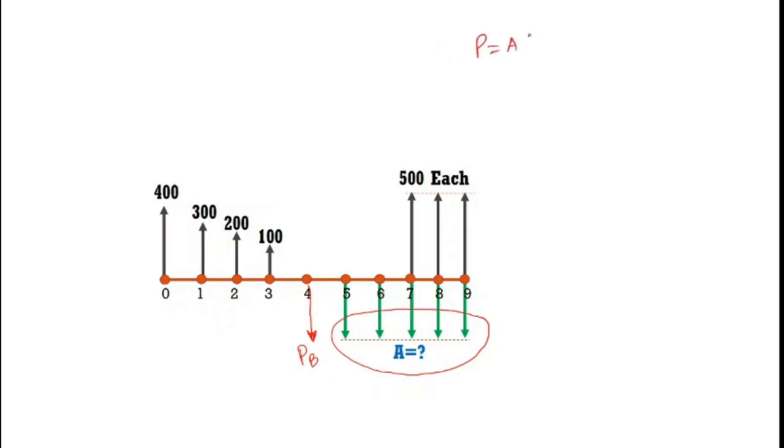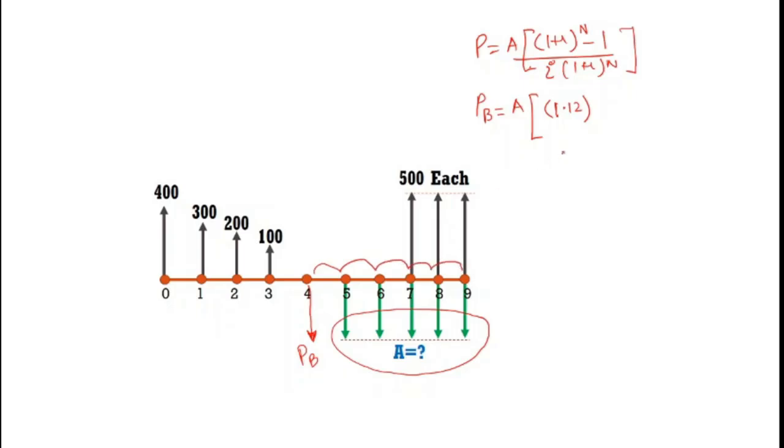Now the relationship we all know, that is P equal to A, let me write it once again, (1 plus i) to the power n minus 1 upon i (1 plus i) to the power n. So if I find out the value of PB in terms of A, it will be PB equals A times (1.12 to the power 5 minus 1) upon 0.12 times 1.12 to the power 5, n being 1, 2, 3, 4, 5.